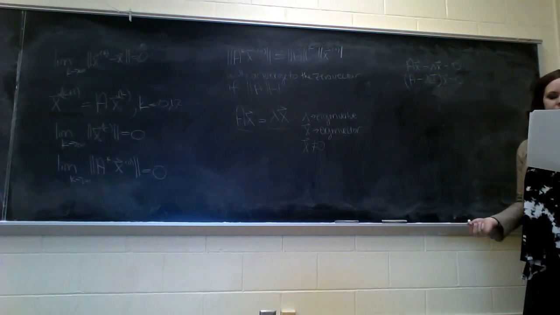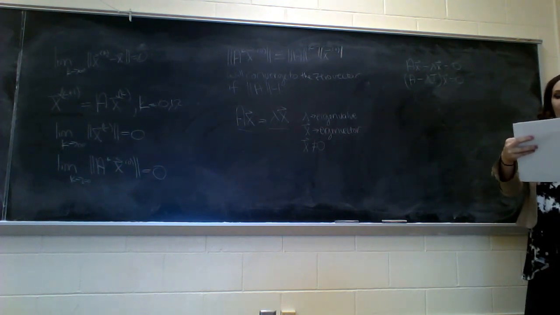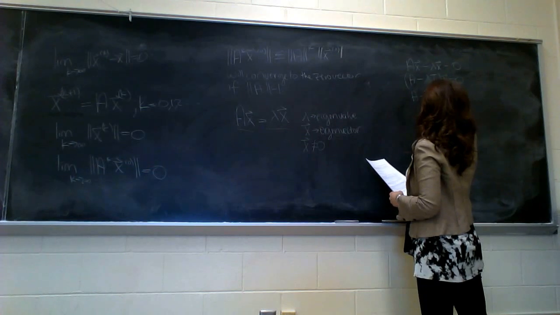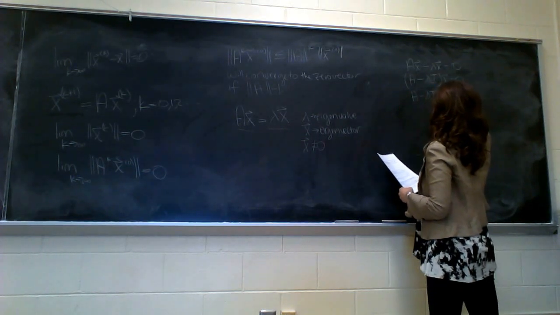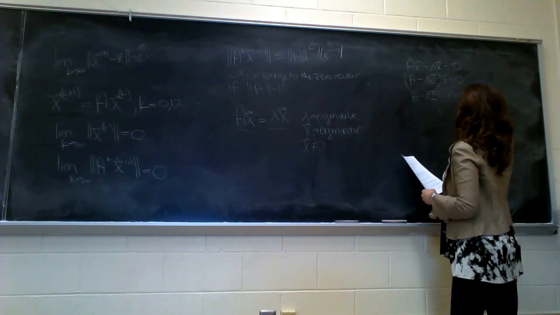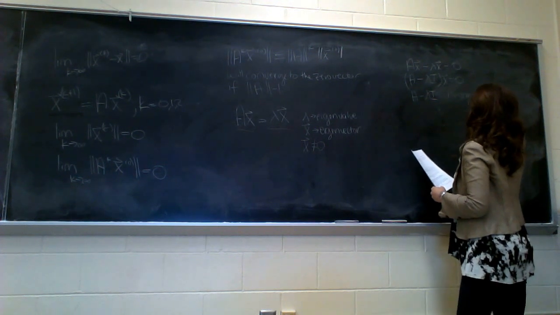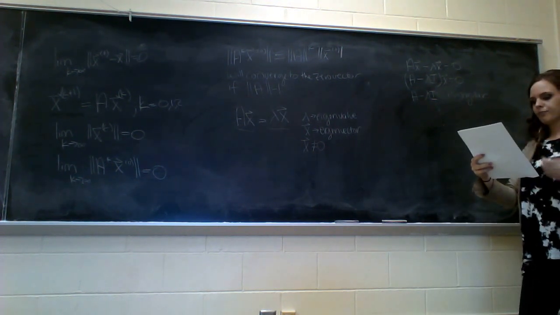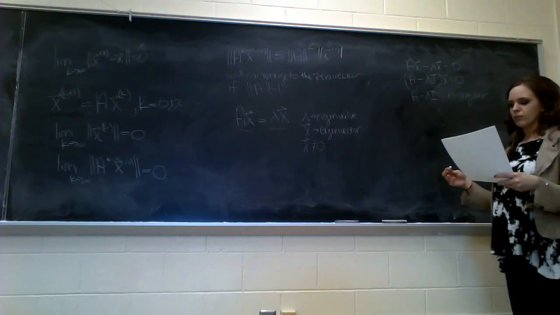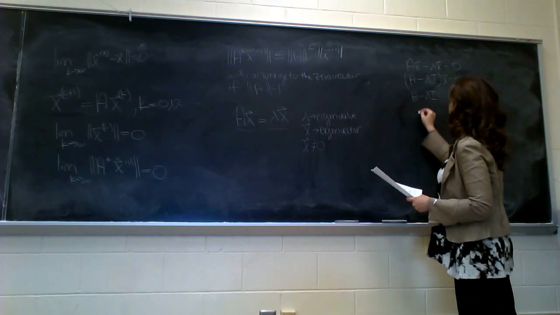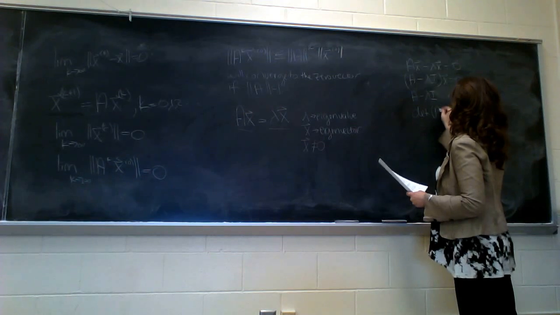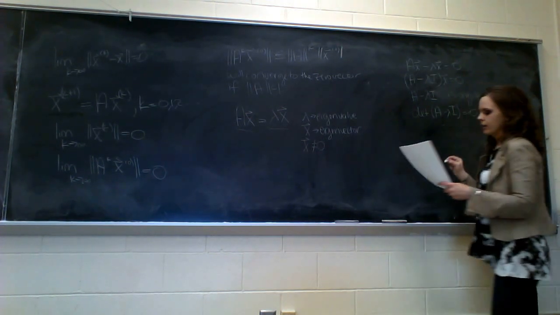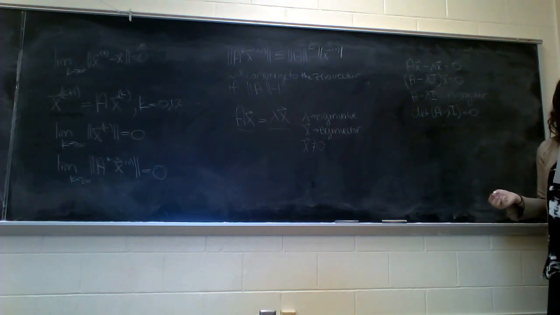So if lambda is an eigenvalue of A, then A minus lambda I is a singular matrix, and that means that the determinant of A minus lambda I is equal to 0.